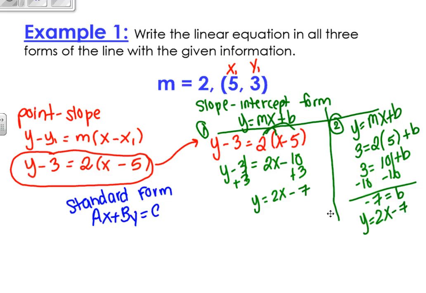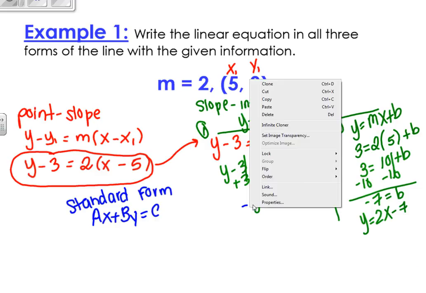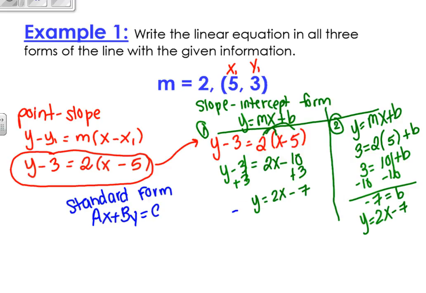So I'm going to go from this form. You can go from this form if you want to, but you would still have to distribute out and get this far. So I'm going to go from this form, then I'm going to bring it over here. I'm going to make sure I don't have any fractions, which I don't, so they're not a problem this time. In the future, we'll have to worry about that. We'll worry about that tomorrow in class, but I'm going to start from slope-intercept form.